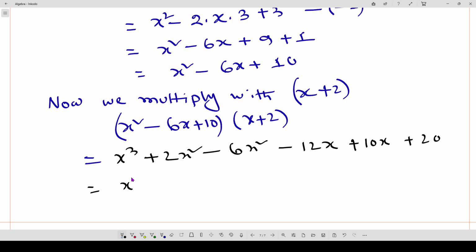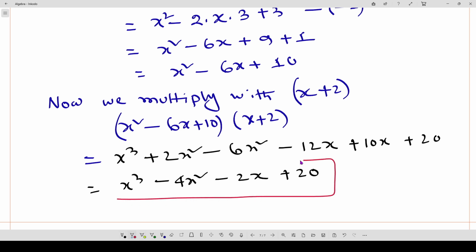So here we have x cube minus 4x square minus 2x plus 20. And this is our final result.